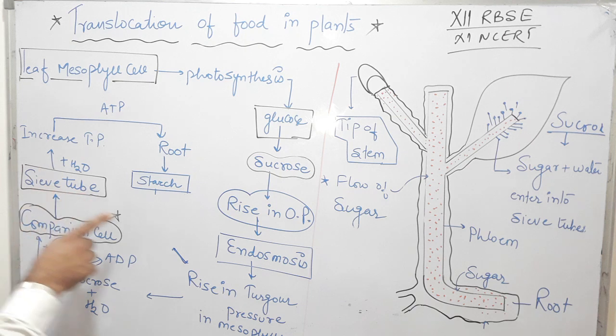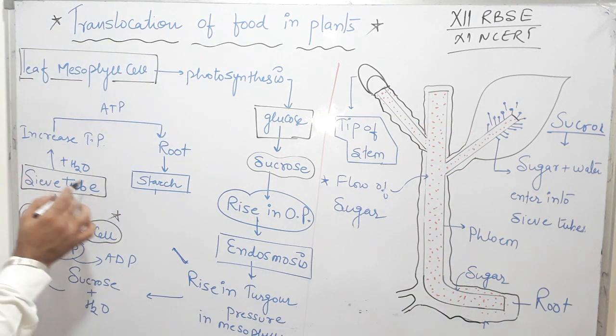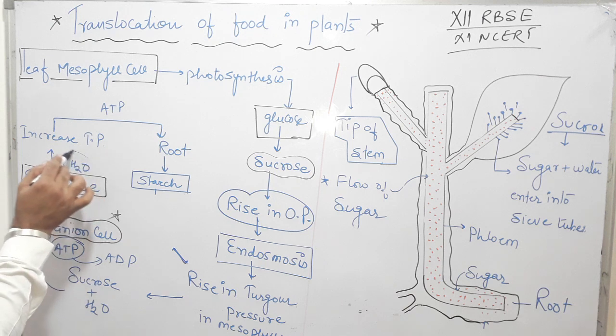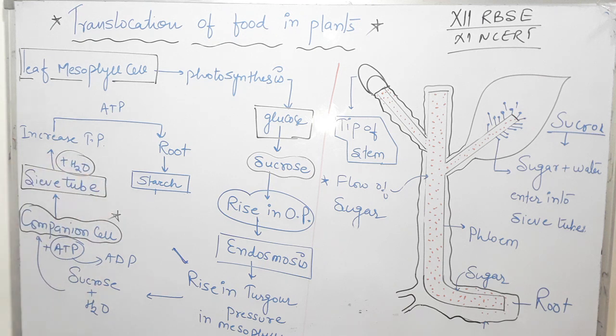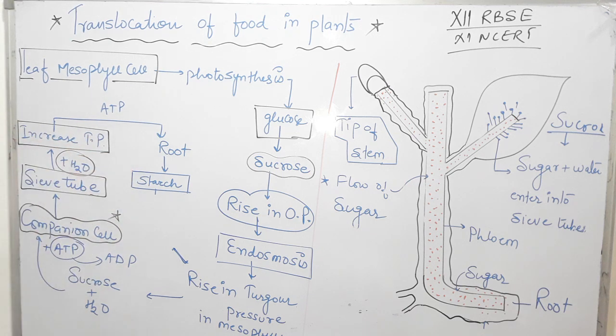Now these sieve tubes distribute the food to the root. Clear? So sieve tubes receive water from the xylem. Due to receiving water, the turgor pressure in the sieve tubes increases, and this high turgor pressure creates a turgor pressure gradient between the sieve tubes and the root.